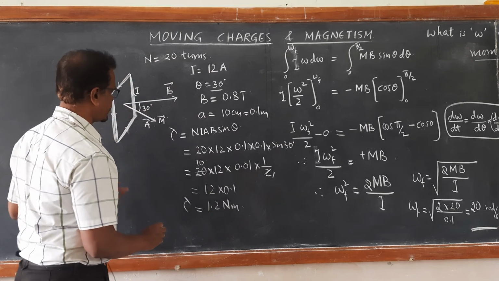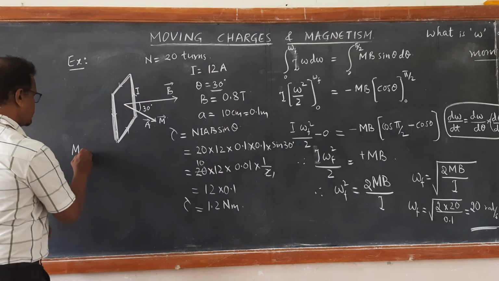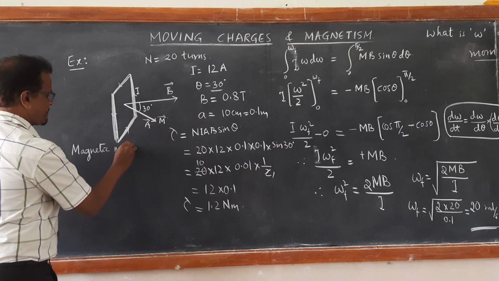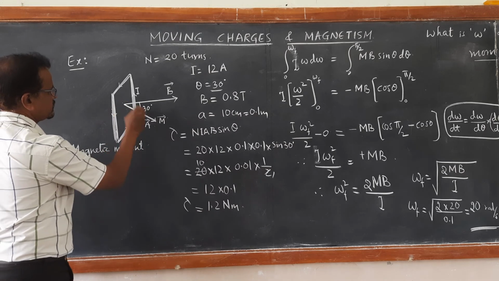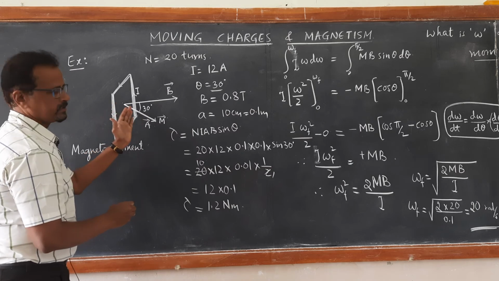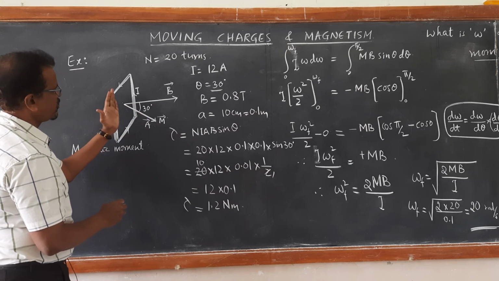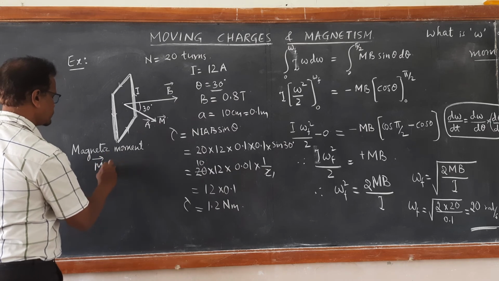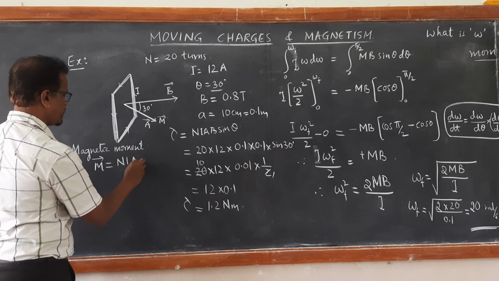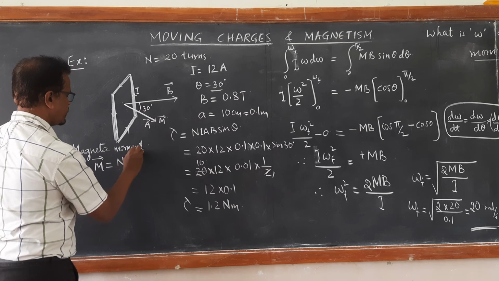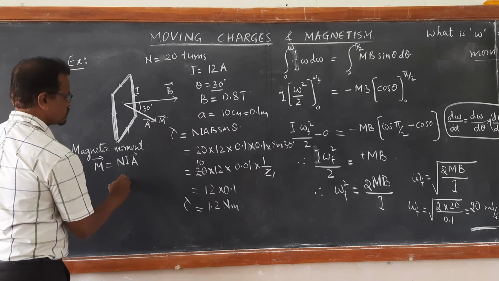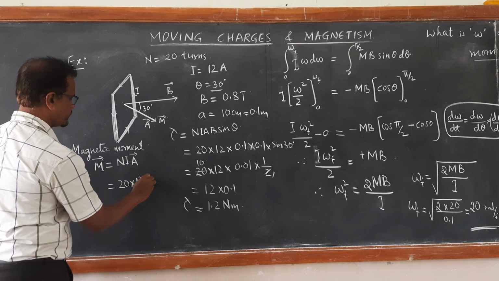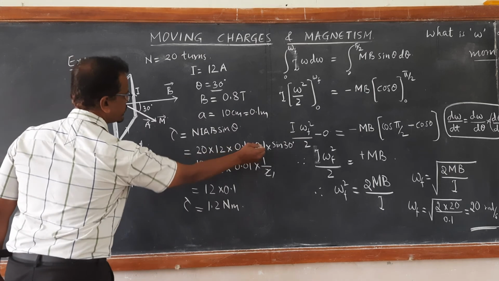If the question asks what is the magnetic moment, it acts along the direction of the area vector, that is the normal drawn to the plane. So magnetic moment M is equal to NIA. We already have 20 into 12 into area 0.1 into 0.1.